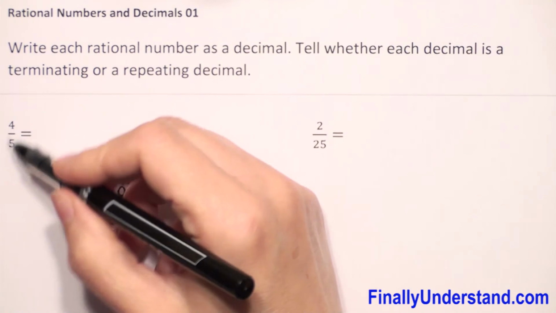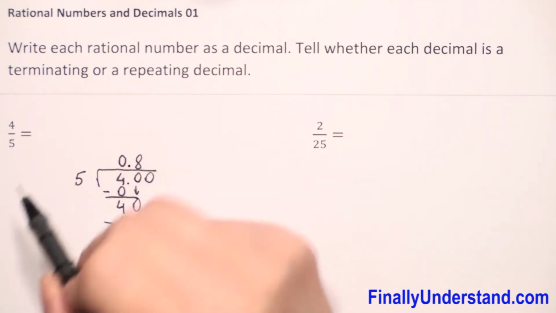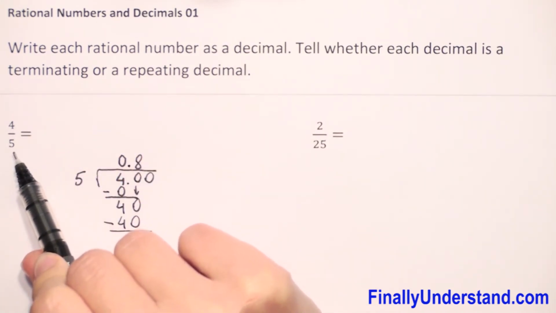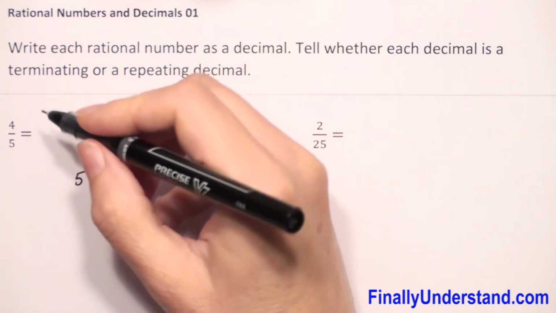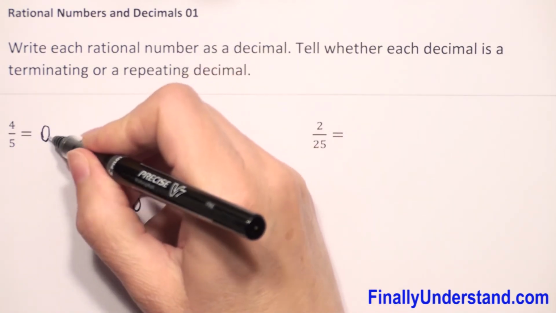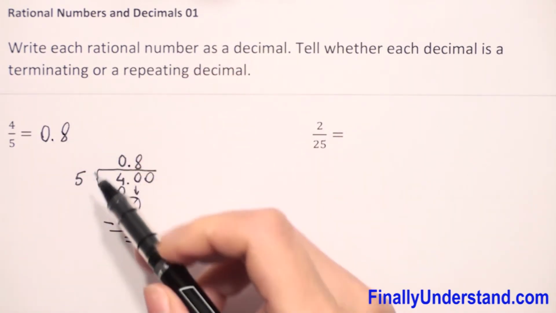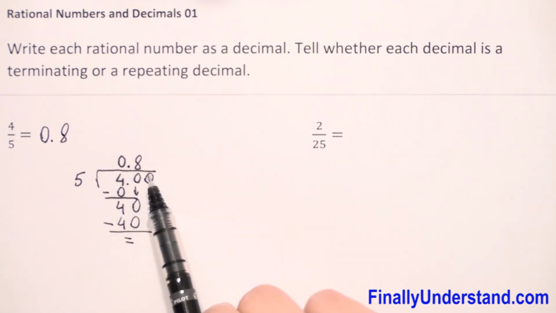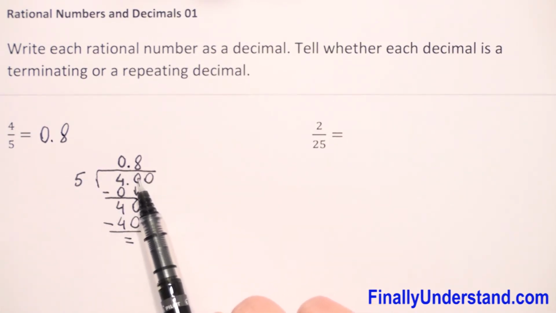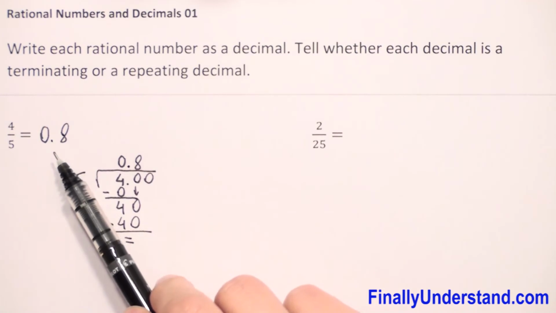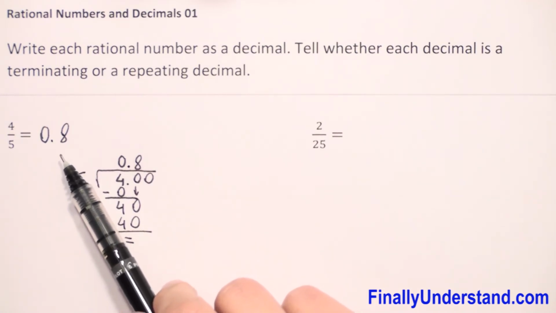We change our rational number, which was written like a fraction, to decimal form 0.8. And because this division finished, our first rational number is a terminating decimal.